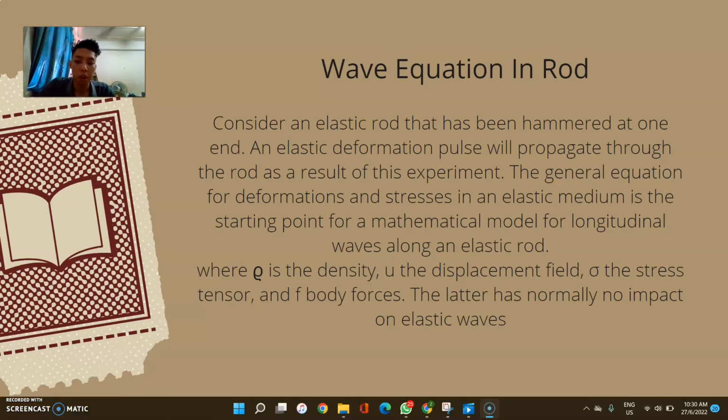The general equation for deformations and stresses in an elastic medium is the starting point for a mathematical model for longitudinal waves along an elastic rod, where rho is the density, u the displacement field, sigma the stress tensor, and F the body forces. The latter normally has no impact on elastic waves.